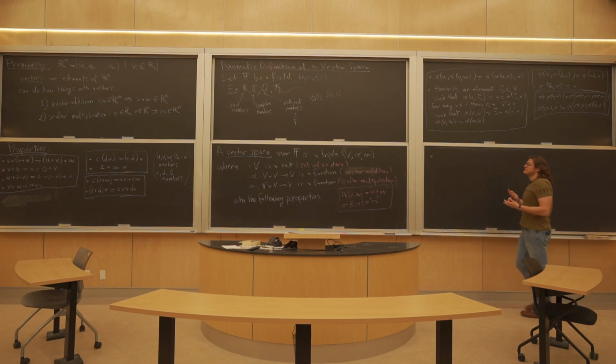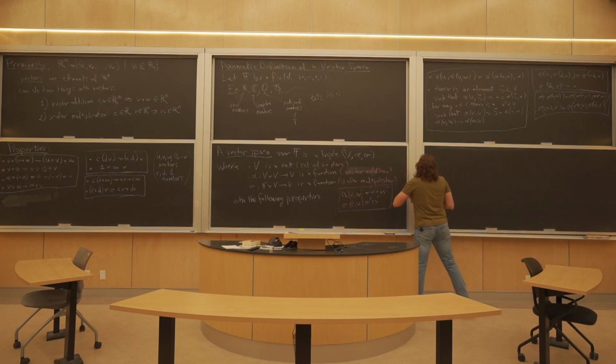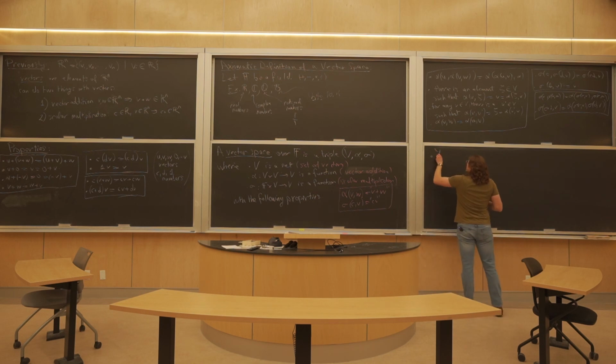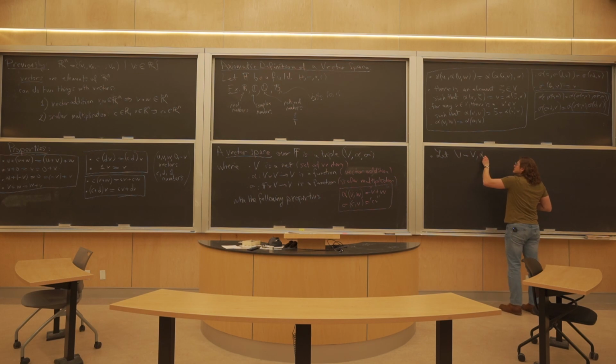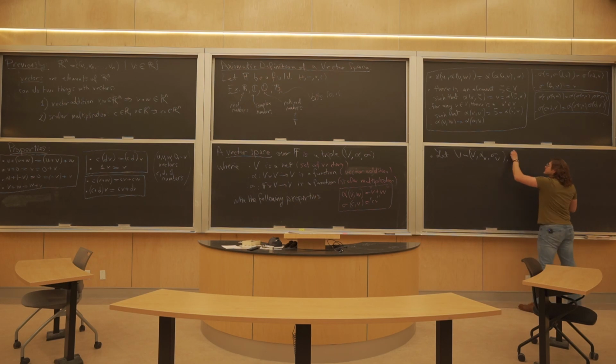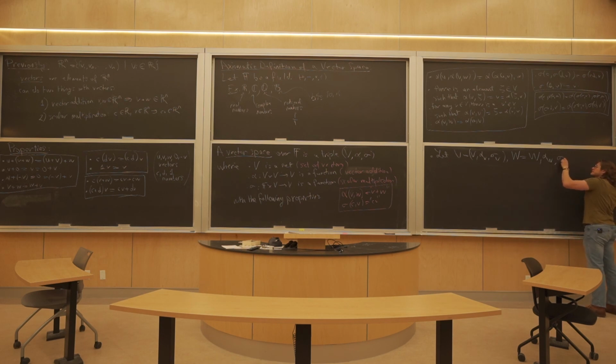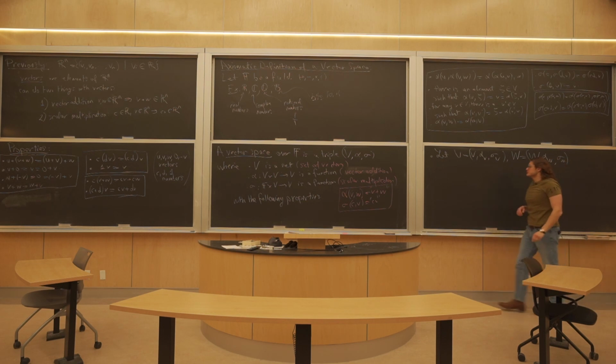And so now I need to say the same thing with respect to alpha and sigma. Let V, and by this I mean this, so it's a set, it has an addition, it has a scalar multiplication, and W, it has its own addition and scalar multiplication, whatever that means again. A linear transformation.